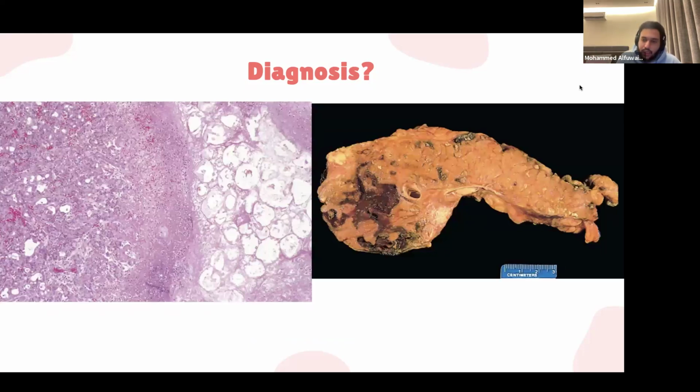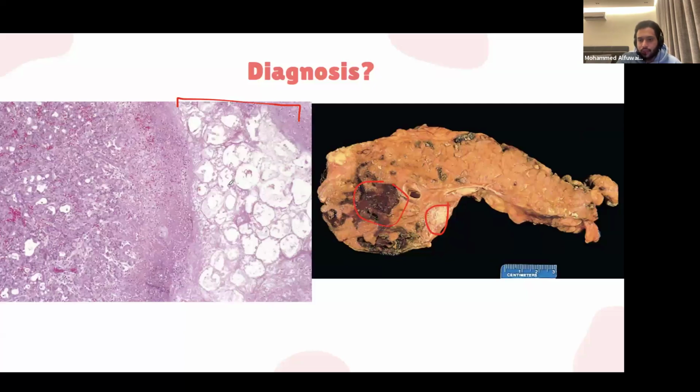So what does this patient have? Acute pancreatitis. Here you have hemorrhage with these white areas. You might see fat necrosis, which is this area over here with destruction of the acini and so on.